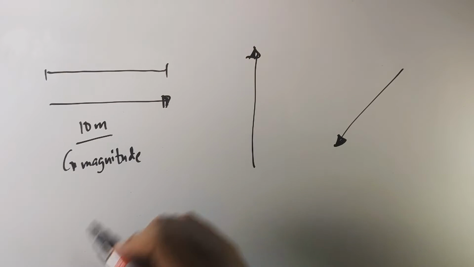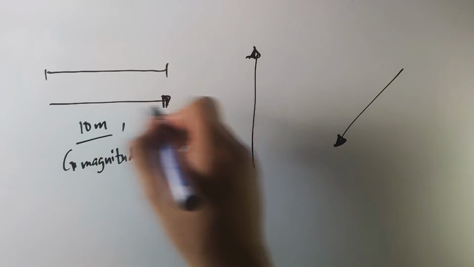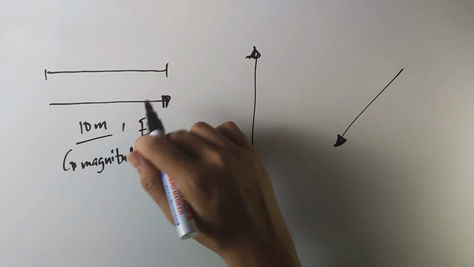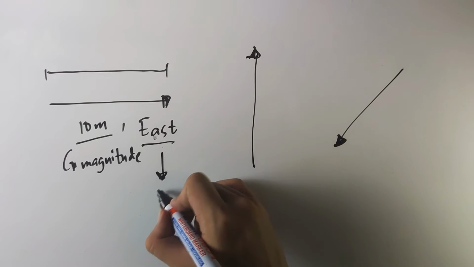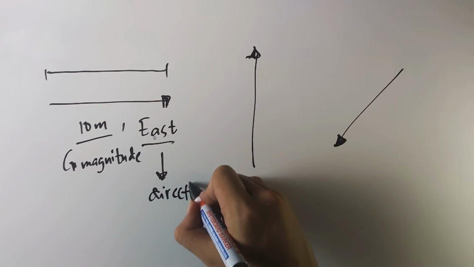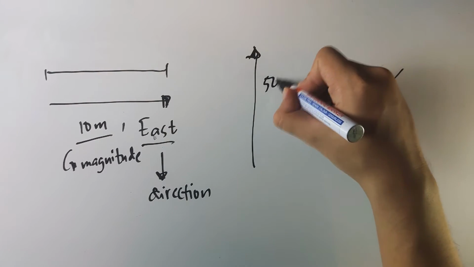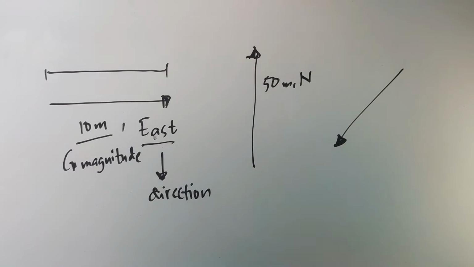Then the second one would be, of course, the direction. So this is going to the east. So this would be your direction. For this one, let's say this is 50 meters going to the north.